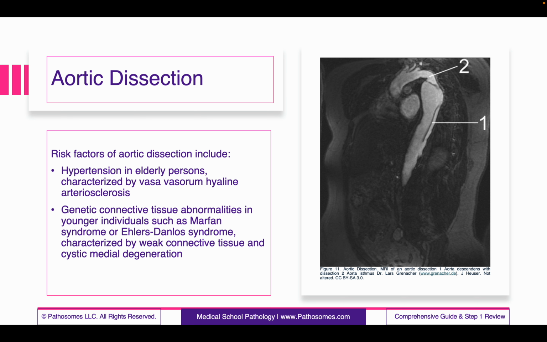Another key risk factor is genetic connective tissue abnormalities, such as Marfan syndrome or Ehlers-Danlos syndrome, right, which are characterized and categorized by weak connective tissue and cystic medial degeneration, right?